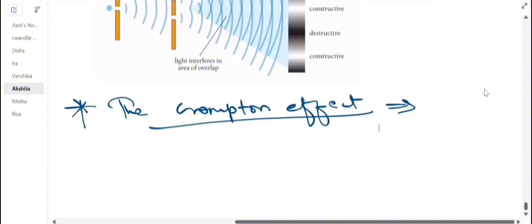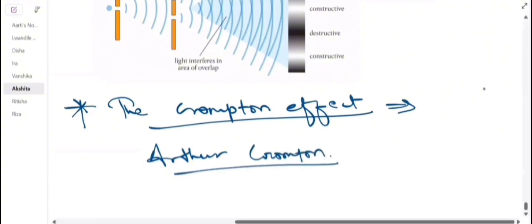This was given by a scientist named Arthur Compton. So this effect is named after him. What does he see? That the X-rays get scattered by the carbon target.